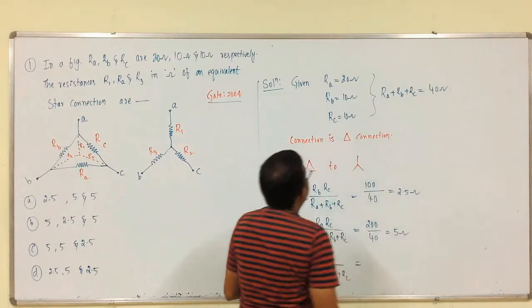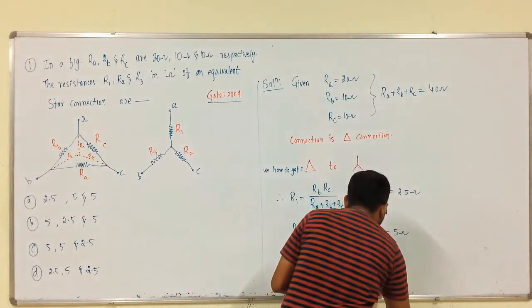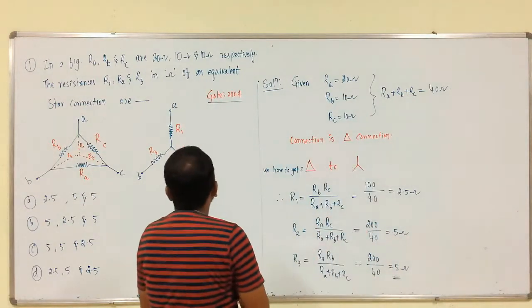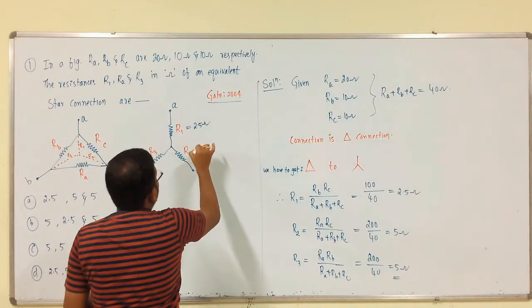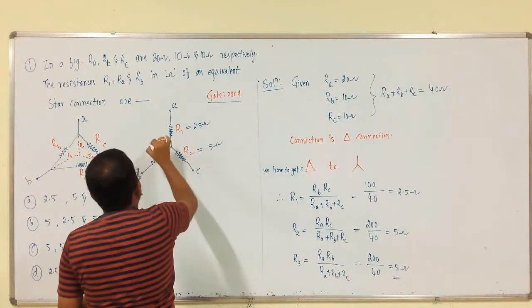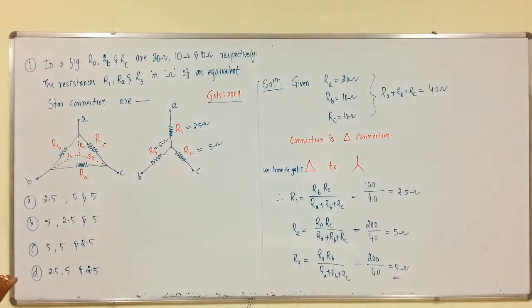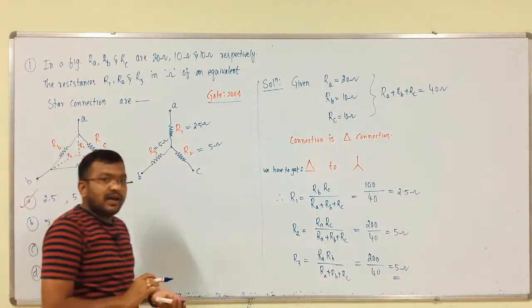R3 is RA into RB, also 200 by 40, equal to 5 ohms. Therefore, R1 is 2.5, R2 is 5, R3 is 5. So, the option is 2.5, 5, 5. Option A is the correct option.